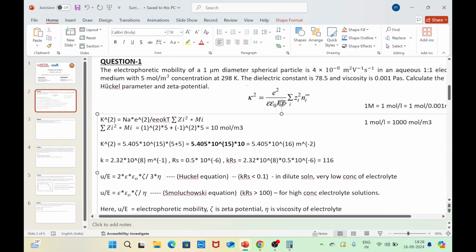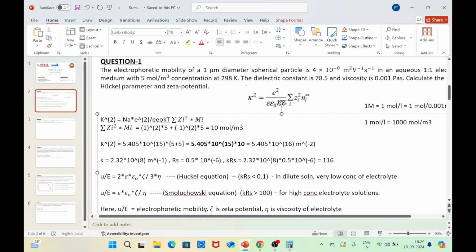So between these two regions, let's say if your KRS value comes between 0.1 to 100, then in that case these two equations go invalid. Over there, you are supposed to use Henry's equation. So I would ask you to go through the video lectures by the professor.